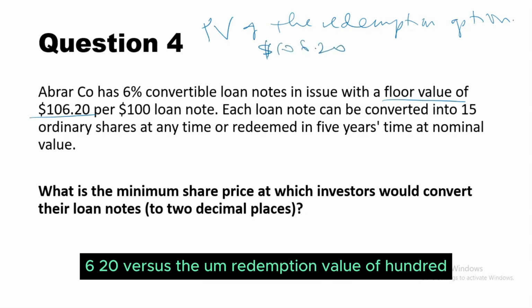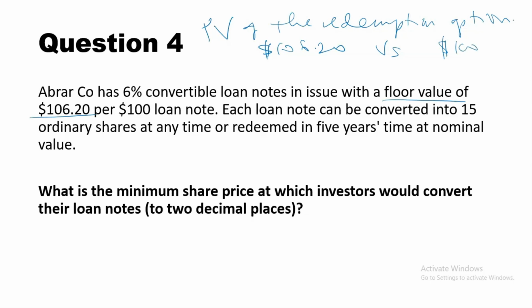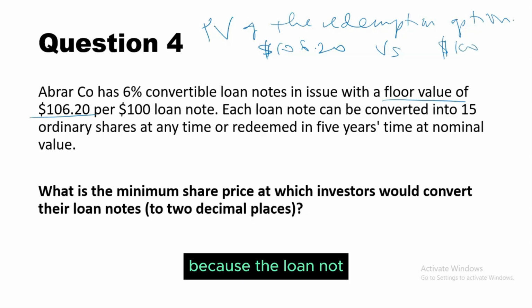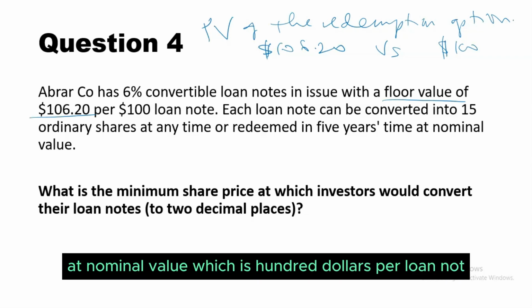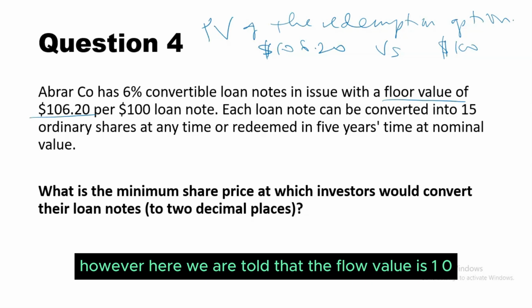So we are now matching the two values, 106.20 versus the redemption value of 100, because the loan notes are going to be redeemed in 5 years' time at nominal value, which is $100 per loan note. However, here we are told that the floor value is 106.